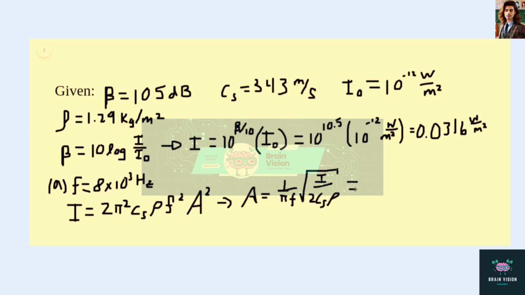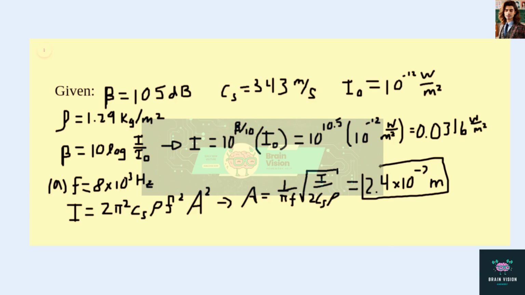If you plug in pi, f for frequency, which is 8 times 10 to the third hertz, I, which we found above, 0.0316 watts per meter squared, speed of sound, 343 meters per second, and rho, 1.29, you find this equals 2.4 times 10 to the minus 7 meters. So box that in. That's our solution to A.